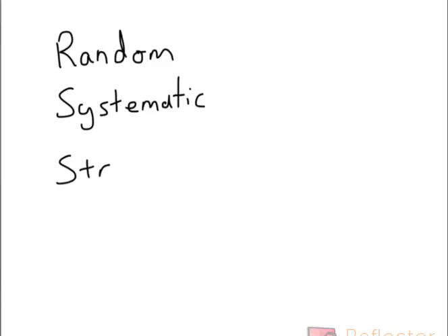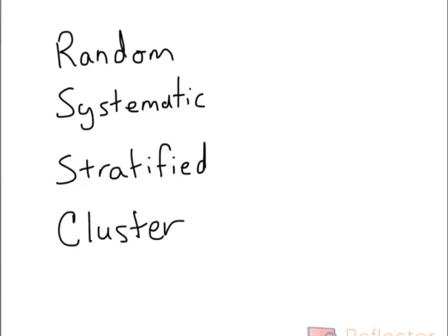Then there was the stratified. We broke people up into groups and then chose somebody from each group. And then there was cluster sampling, where we still broke people up into groups, but then I chose an entire group to be sampled. So there's 4 different types of sampling that we're going to look at this semester.